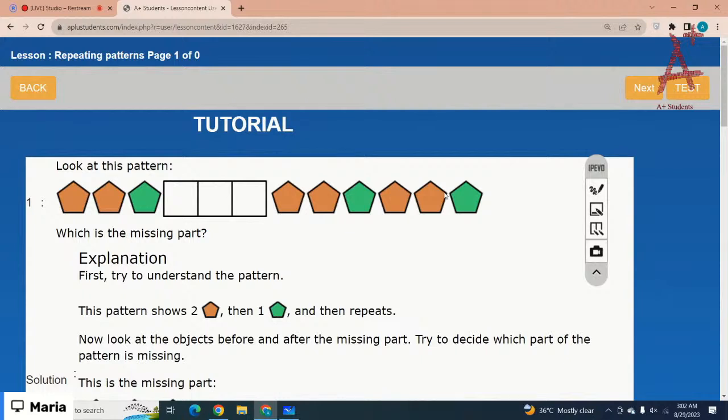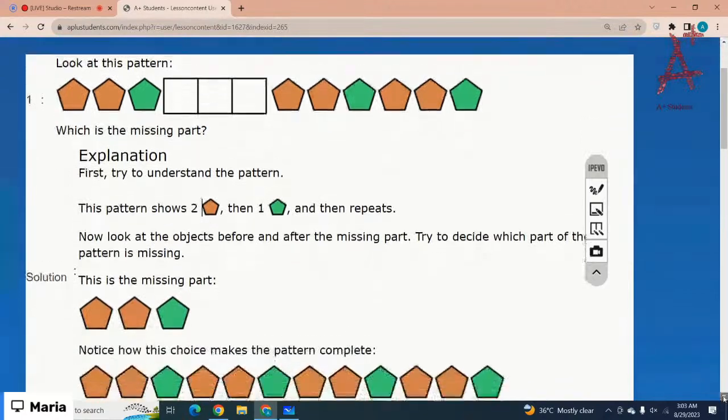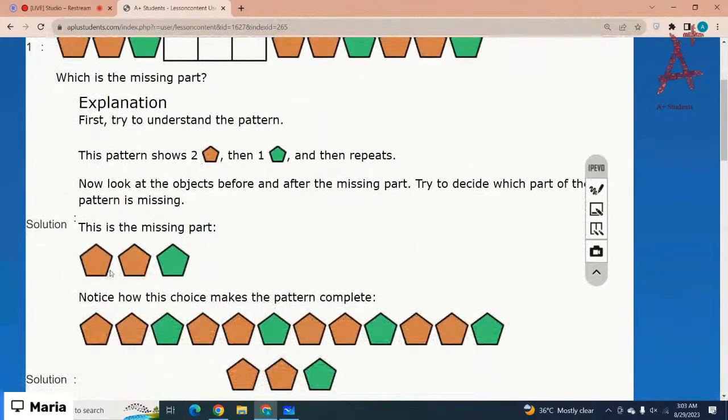That means the missing part would be two brown and one green, right? Notice how the choice makes the pattern complete. You fix two brown and one green and the patterns look the same. That means the missing one is two brown and one green.